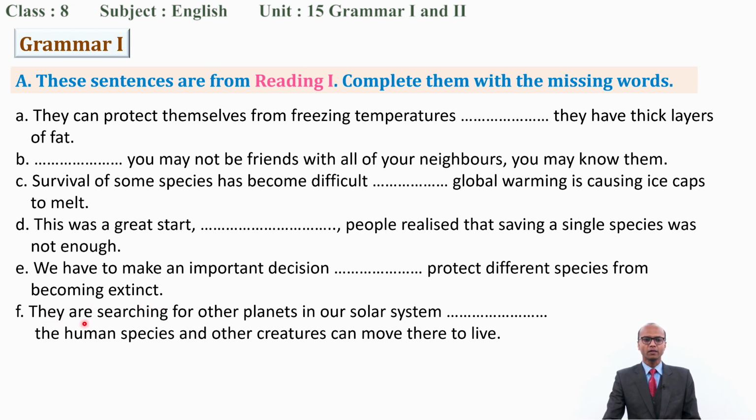Last one, they are searching for other planets in our solar system. Blank space, the human species and other creatures can move there to live. So these are the sentences exactly taken from reading 1. Please go through reading 1 and find these sentences and fill in these gaps.